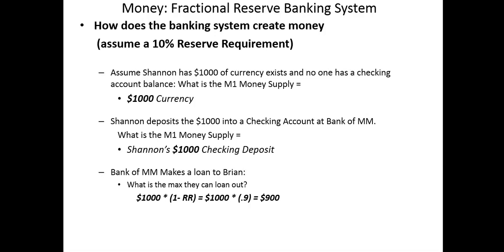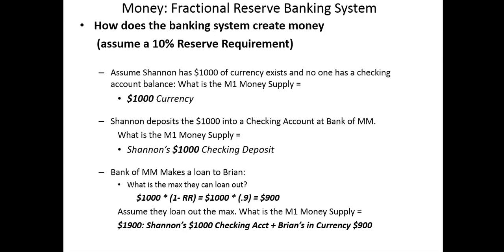Okay, now you might not have seen the sleight of hand yet. So assuming they lend out that maximum, how much is the money supply now? Well, the magic has happened. The money supply has grown. The money supply is no longer $1,000.